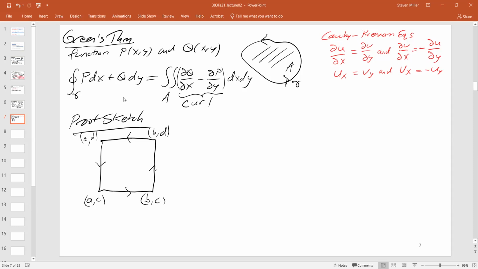All right, so I'm going to just analyze the double integral of dq/dx. What do you think the double integral of dq/dx is going to end up equaling? No, I'm trying to prove this equality here. The line integral of p dx plus q dy is the double integral of dq/dx minus dp/dy.